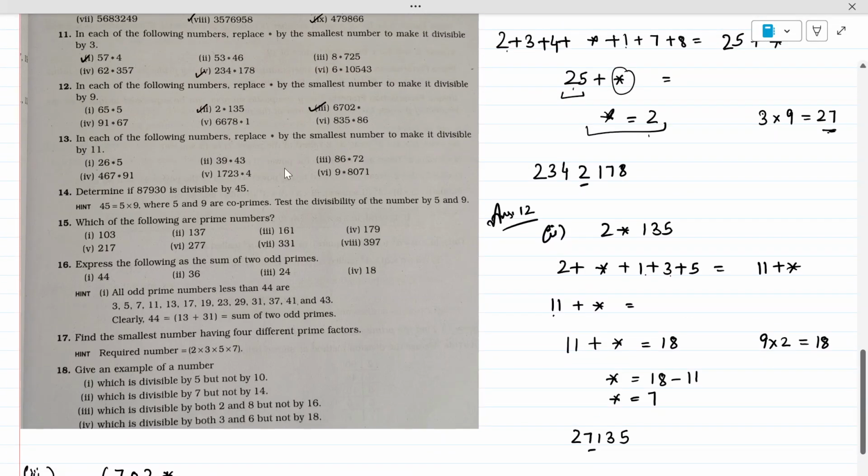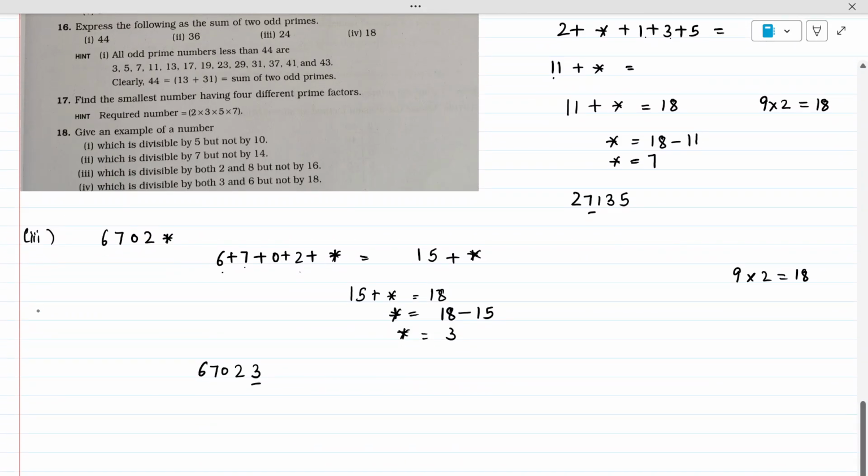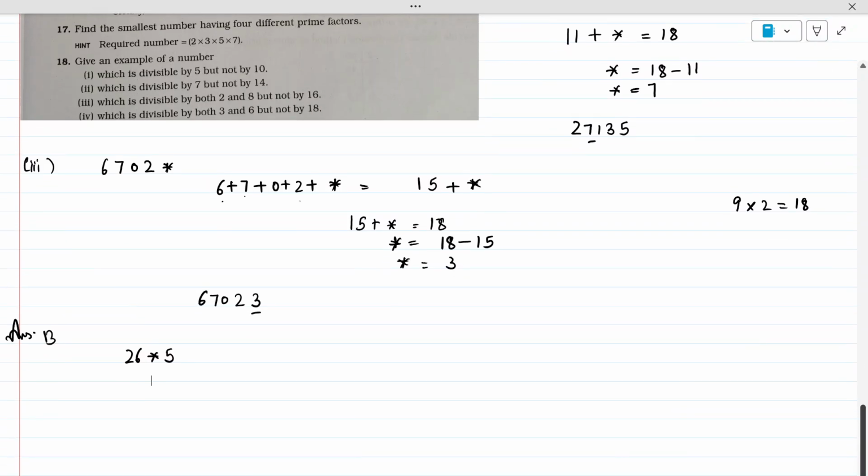Now what we have is, in each of the following numbers, replace star by the smallest number to make it divisible by 11. So now let's again pick up two parts. I'm taking 1 and 2 here. The first is 2, 6, star and 5, and we have to see that this number is divisible by 11.